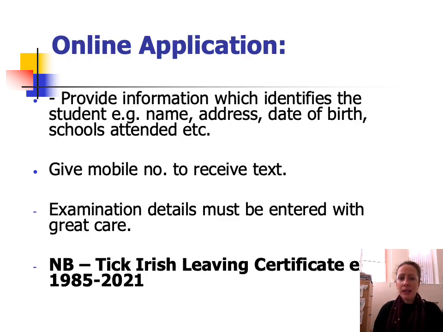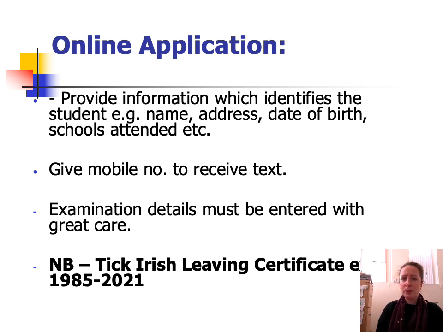For the online application, the first part is to enter your personal details: student name, address, date of birth, very important, date of birth, schools attended, and a mobile number to receive texts. I would give a mobile number because it is very handy. They'll text you your CAO number and send you texts with different information.